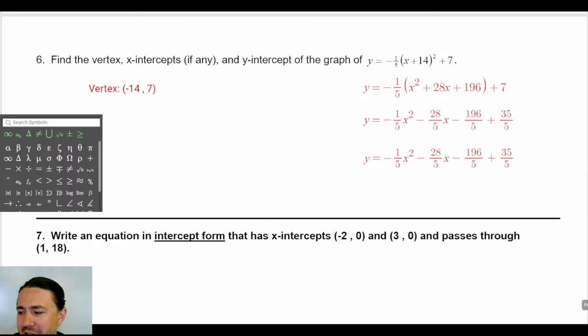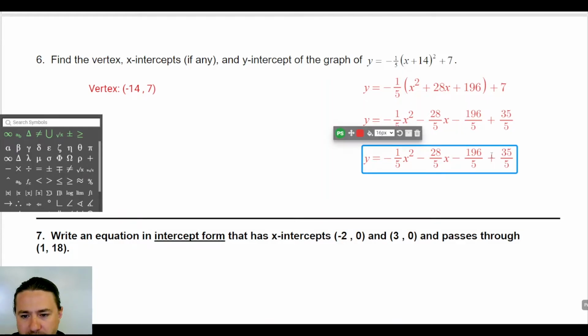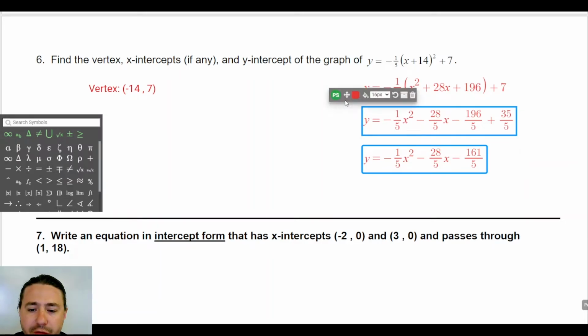There's a good case here where you might just want to use a calculator, but I think that's right. I think this will work out pretty good. The difference should be 161. So what we've got here is negative 161 over 5. This is going to be our function in standard form.